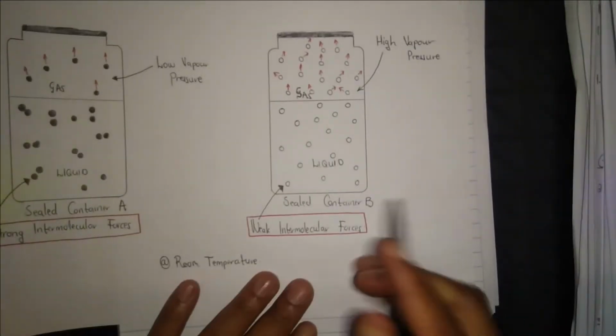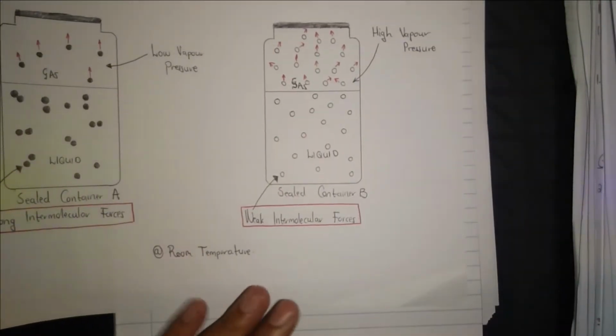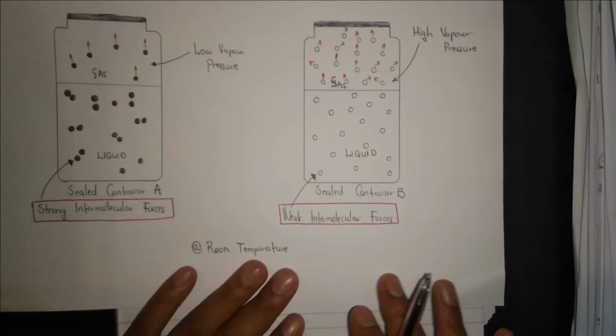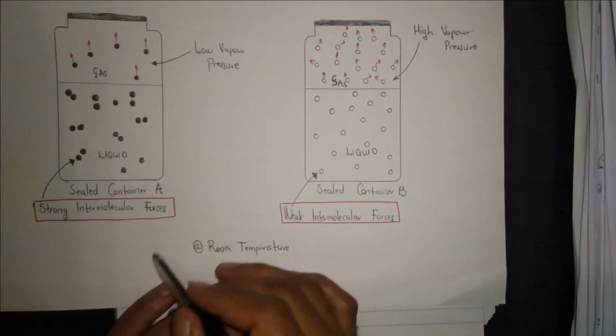Liquid B, sealed in a container. In this liquid there are weak intermolecular forces. This might be, for instance, an alkane, methane, or butane, or whatever, a liquid like this at room temperature.